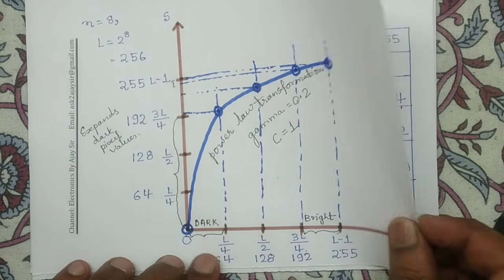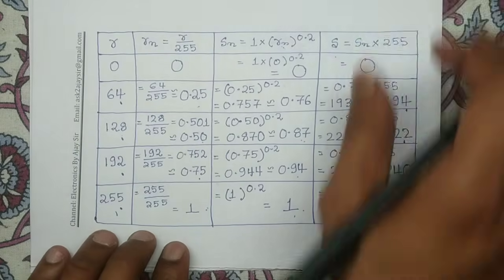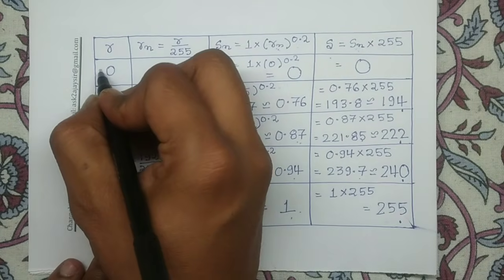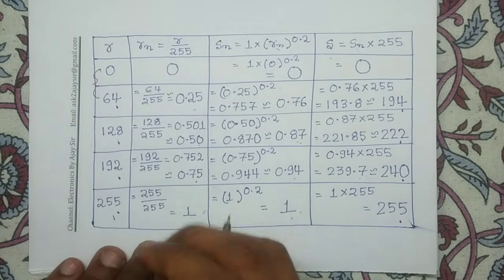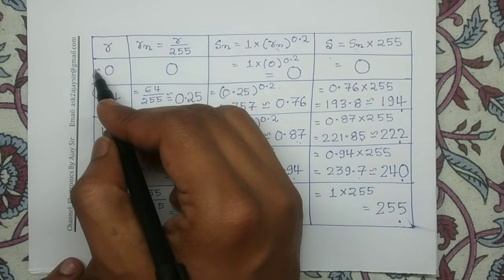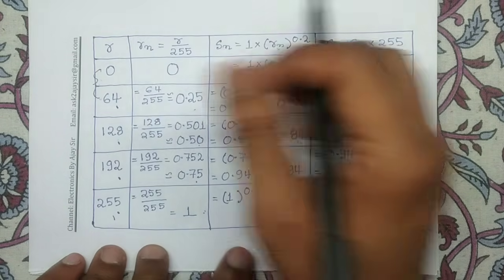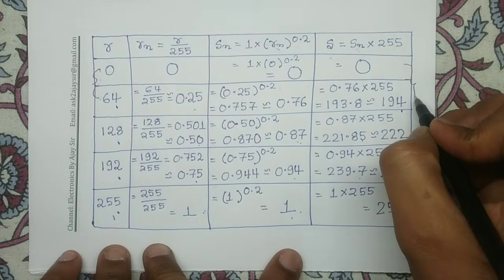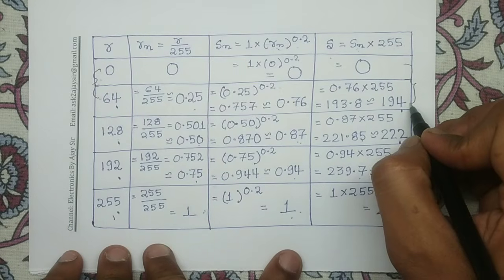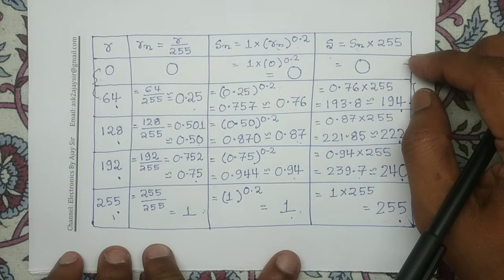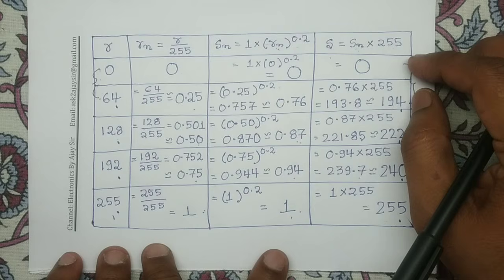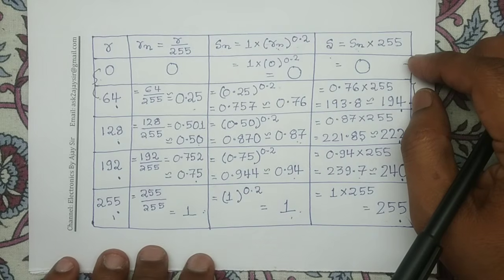So in tabular form also, we can see when R varies from 0 to 64 in the input, my difference is 64, but in the output side, it varies from 0 to 194. The difference is very large, representing that I am expanding the dark pixels.